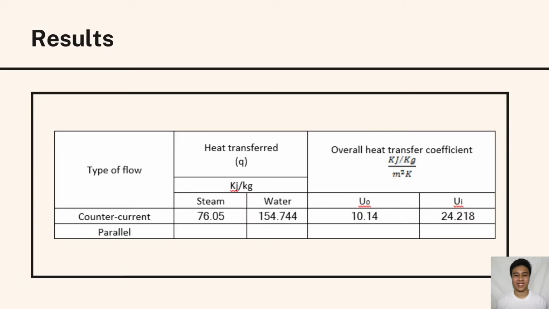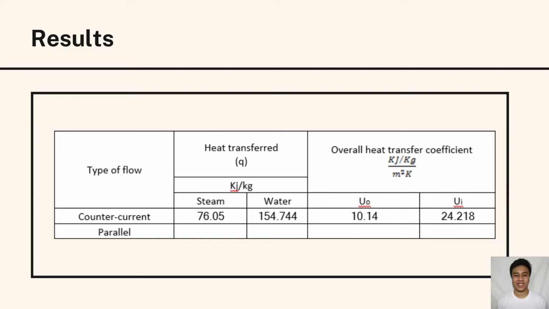Now is the presentation of the results of the countercurrent flow heat exchanger values. The heat exchanger values are shown in the table in the slide. So as you can see, the heat transferred by the steam is equal to 76.005 kilojoules per kilogram. The heat transferred by the water is equal to 154.744 kilojoules per kilogram.